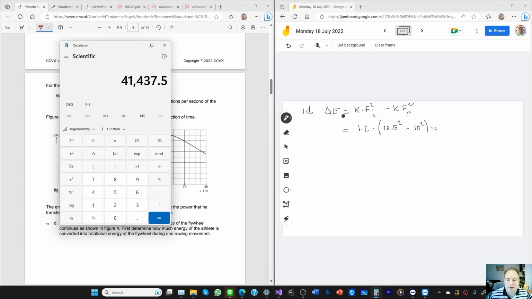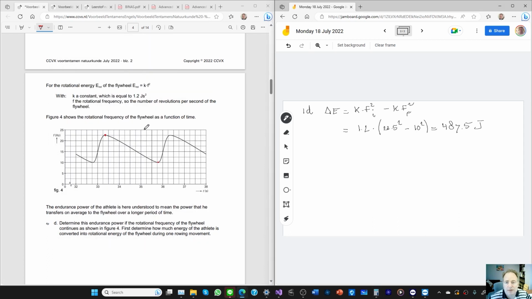Wait. Okay, 20 squared minus 10 squared times 1.2. That's 487.5 joule. And I just keep these significant digits for now, though in the end you can only take two. And so that's the first part.